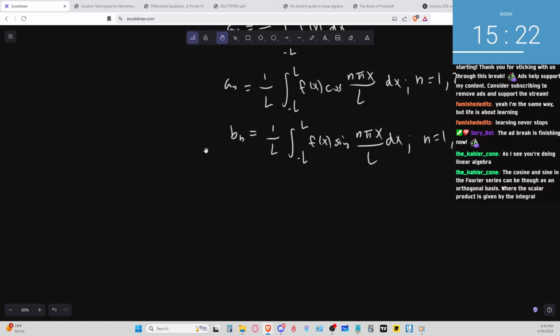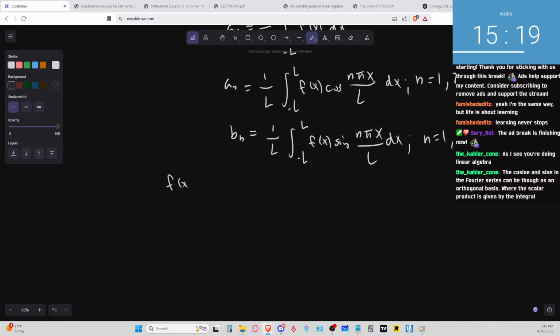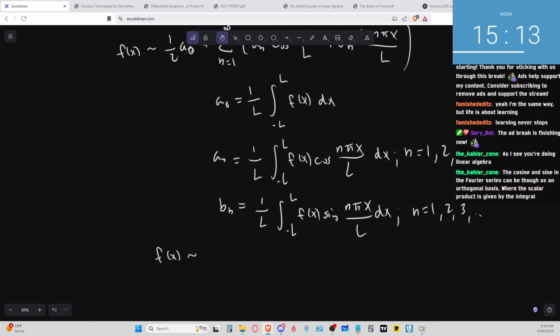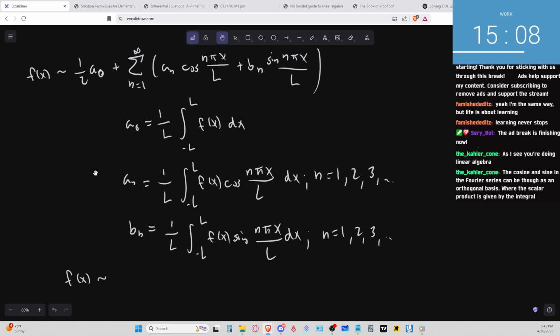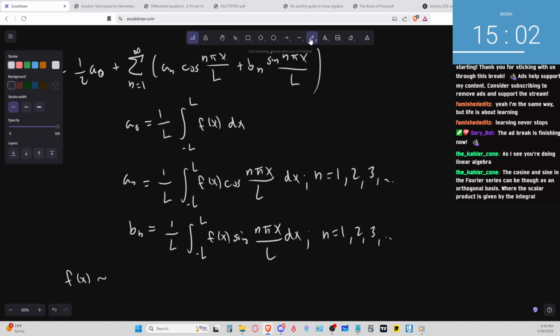So, I think what we can do is f of x is equivalent to, then we have to drag this up here. Can we see all of it? Let's put it on the side here, like that. And then have some fun and act like we're doing some hardcore math here. Even though we're just recopying everything, but I think it would be very fun to do it. And plus sigma.